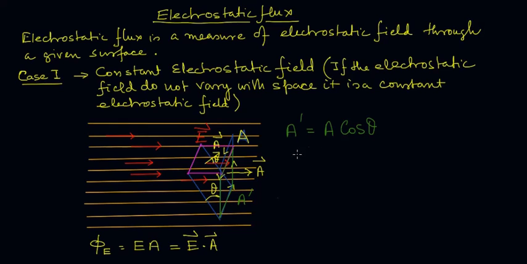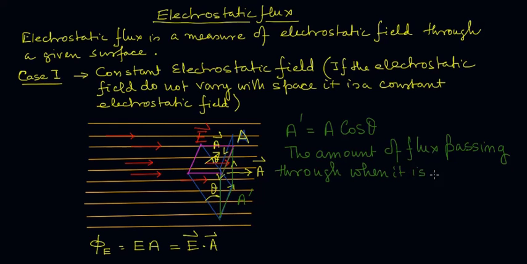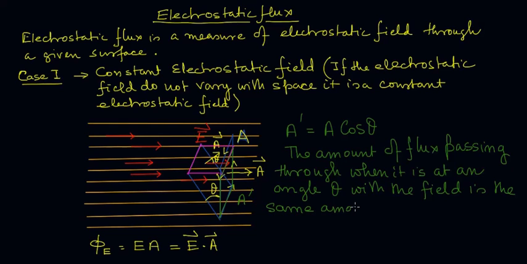So the amount of flux passing through A when it is at an angle theta with the field is the same amount of flux passing through A prime.